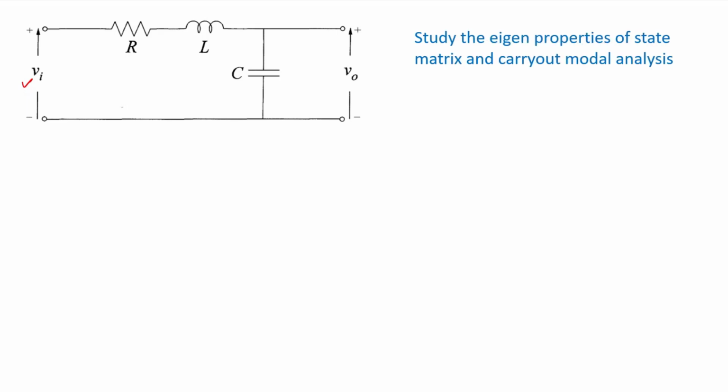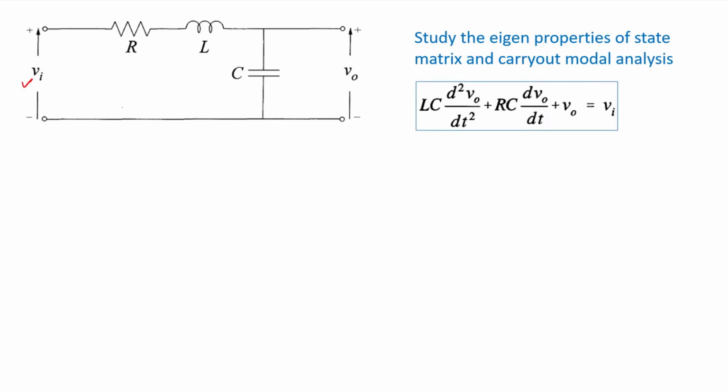So now we need to study the eigen properties of the state matrix and carry out the modal analysis. I hope you can all do this, but I'm showing you here. This is a very small example we are considering.